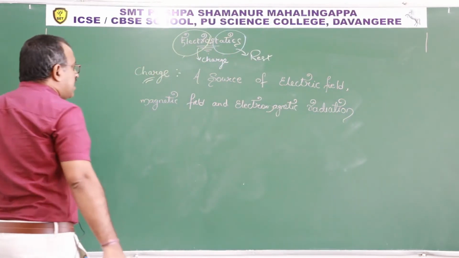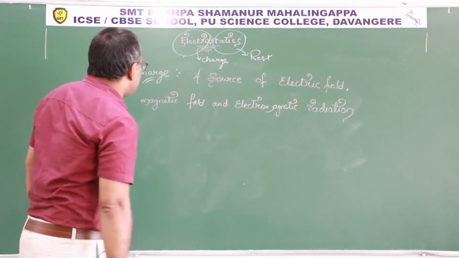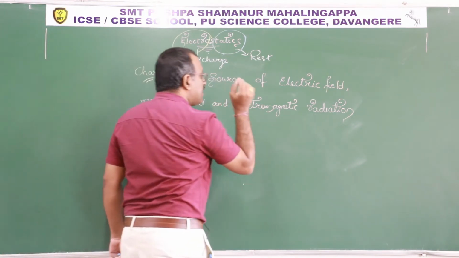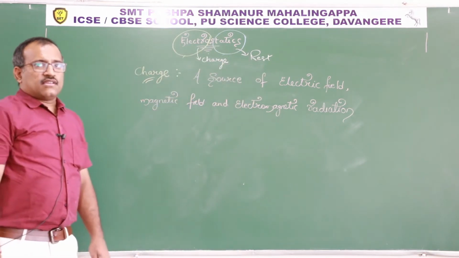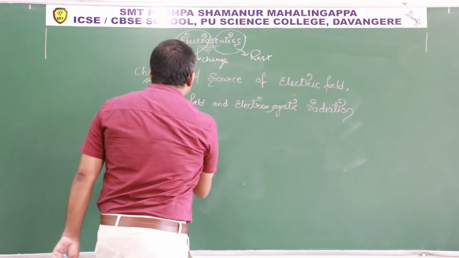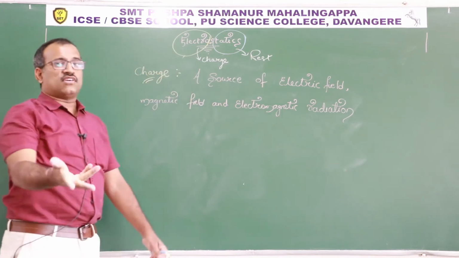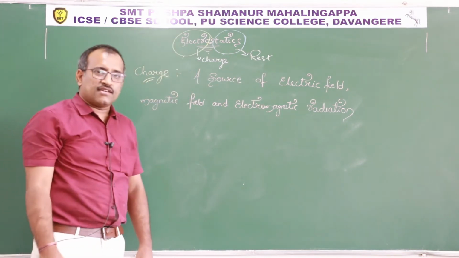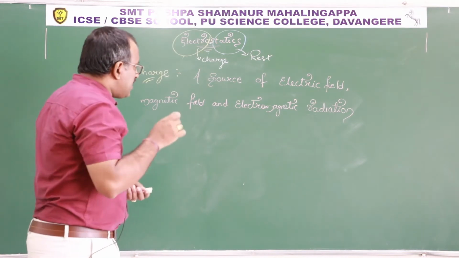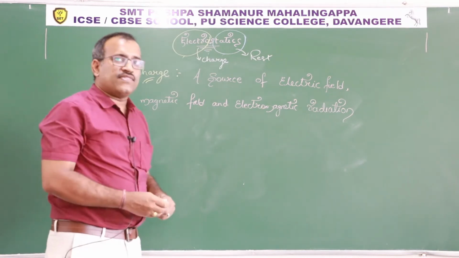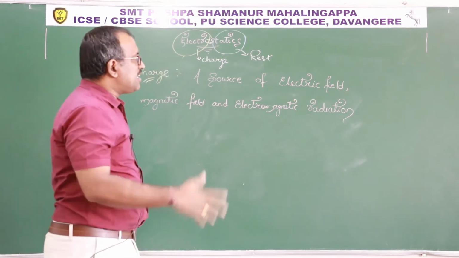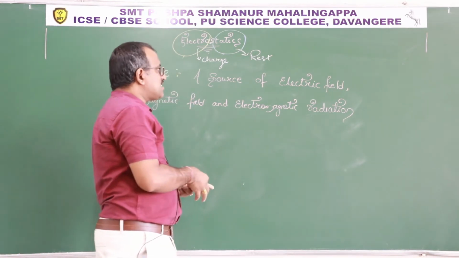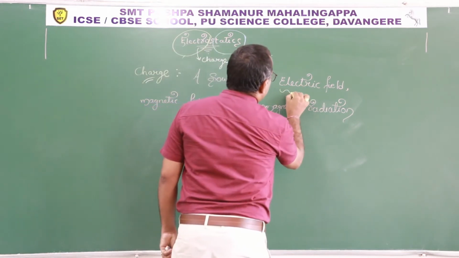So charge, a source of electric field, a magnetic field, and electromagnetic radiation. So the mother of all these things is the charge. That's all the definition. Clear, all of you? But we are very much interested in the discussion of electric field.